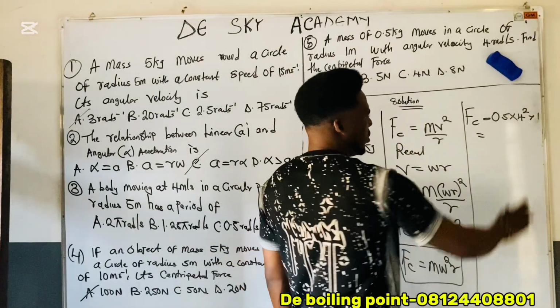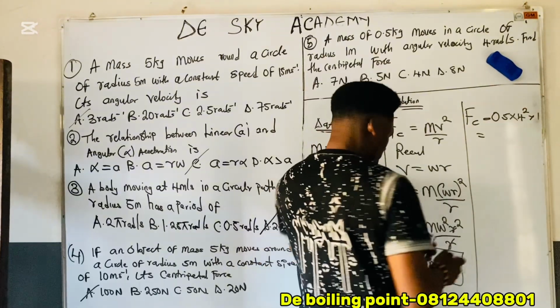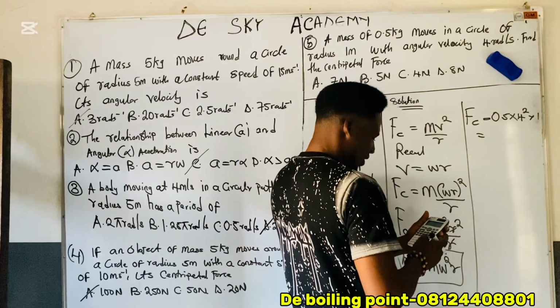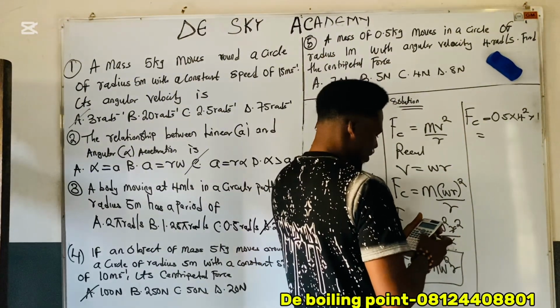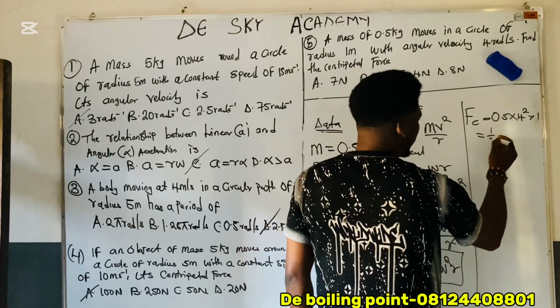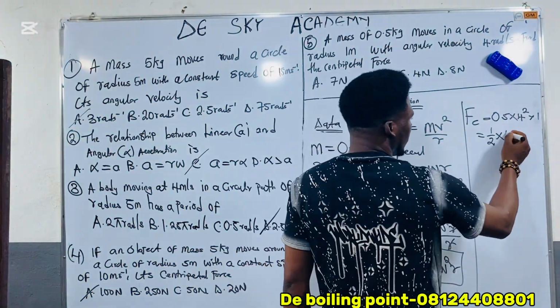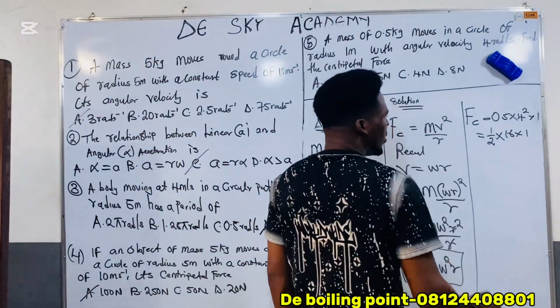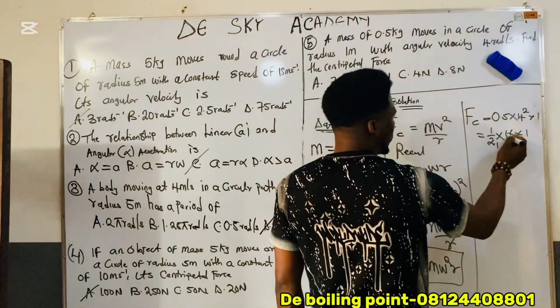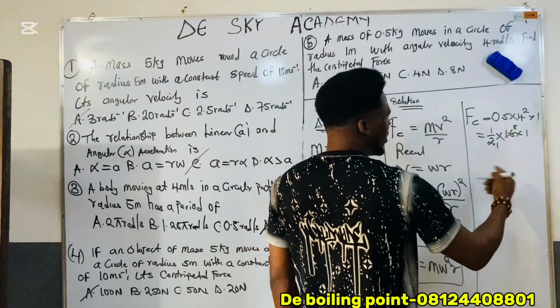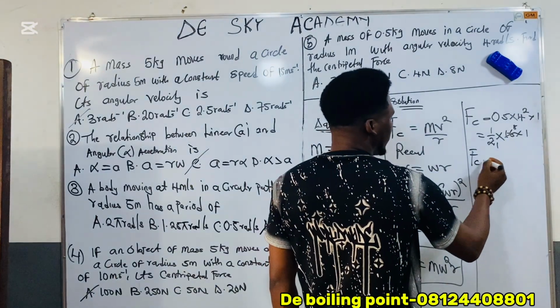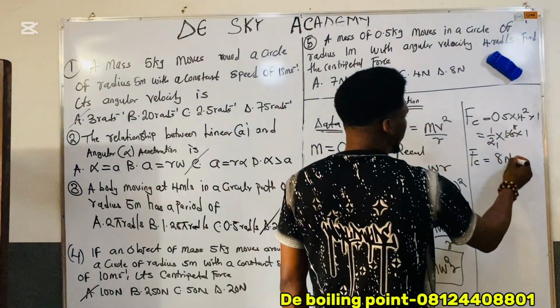Then 4 squared is 16, times 1. So 2 here is 1, 2 here is what? 8. So I will now have the centripetal force here is 8 Newton.